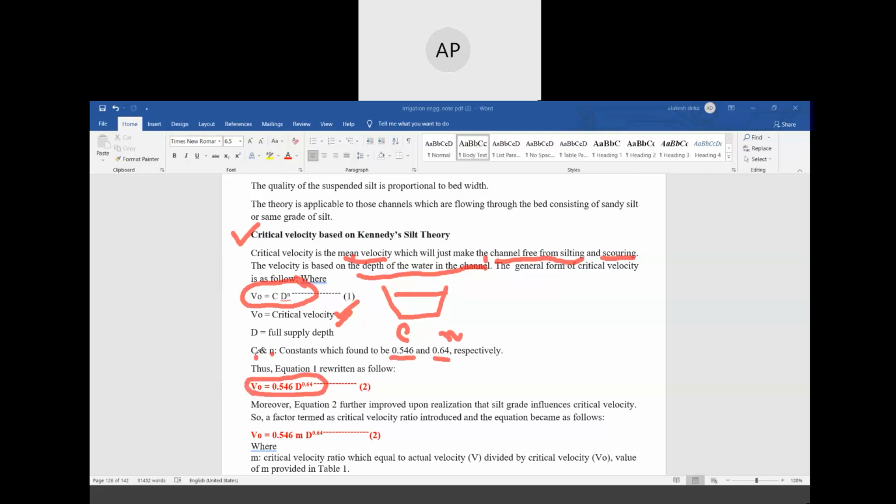Just put the value of C and n. So it will be this one. So mark this as equation 2.